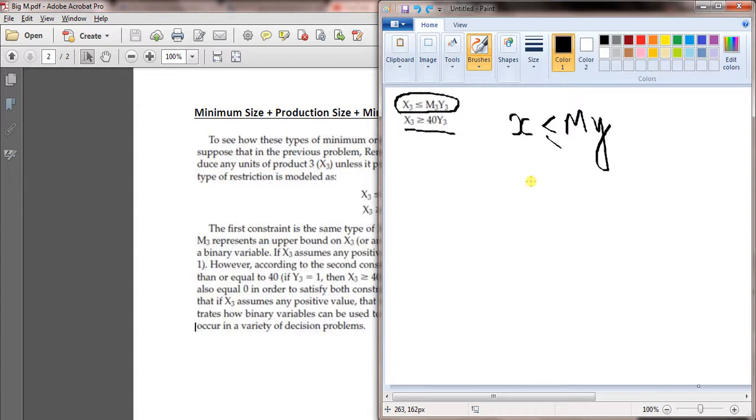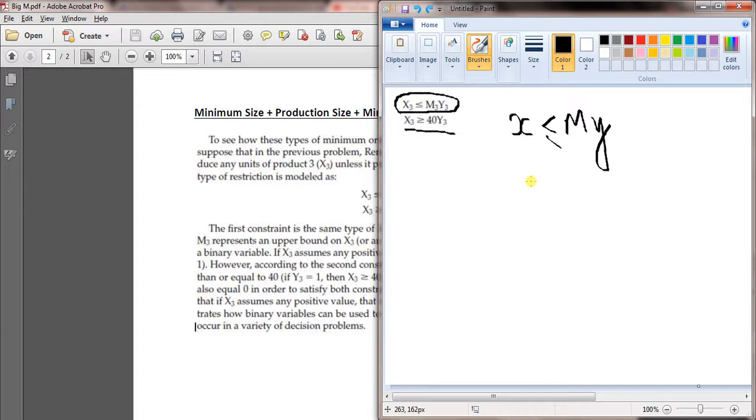In the previous thing, we had a variable to denote how much amount to produce, and another variable, a binary variable, to denote whether to produce or not. Now, to link them, we had the linking constraint using big M. Coming next, if we produce x, it has to be at least 40.